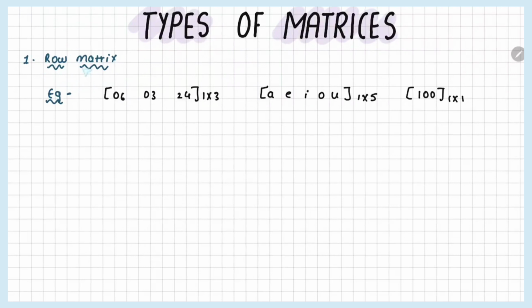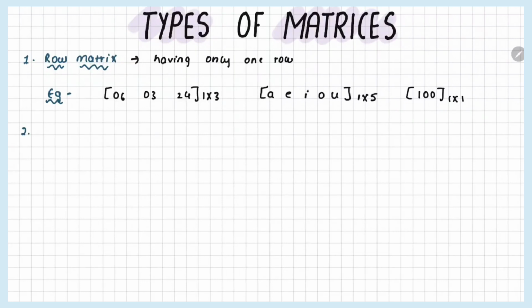So the definition: a row matrix is a matrix having only one row. You can have any number of columns, but it has to have only one row. This is called a row matrix.